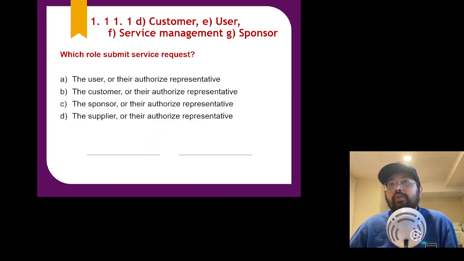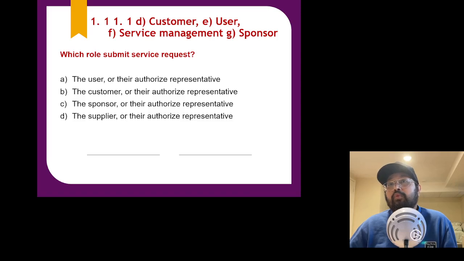Then the next question, which role submits service request? So who actually requests the service? The user or their authorized representative, the customer or their authorized representative, the sponsor, no, that is not the role of sponsor, the supplier, no, that is not the role of supplier.